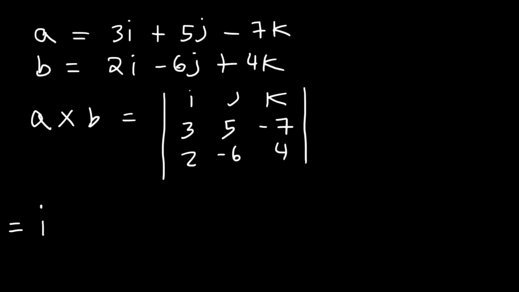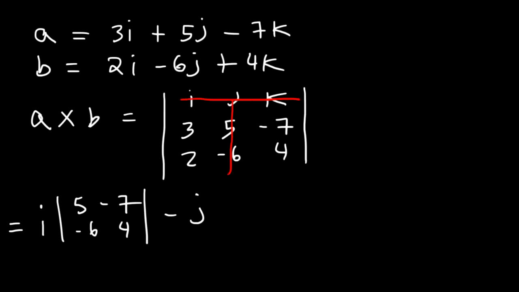i is found in row 1, column 1, and it's going to leave behind a 2 by 2 matrix highlighted in that red box. So that's 5, negative 7, negative 6, and 4. And then it's going to be minus j. Now j is in the first row, second column.